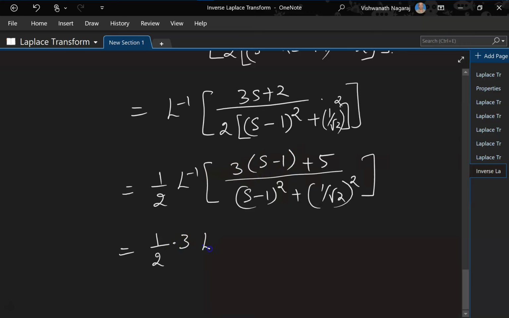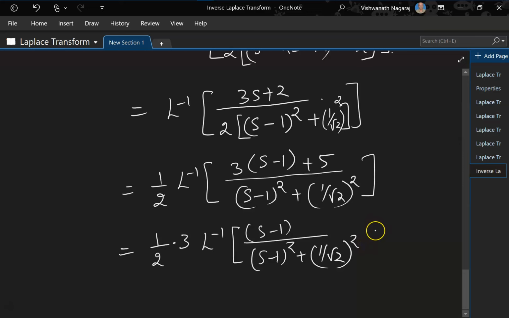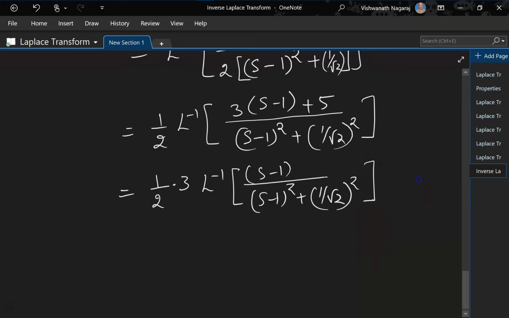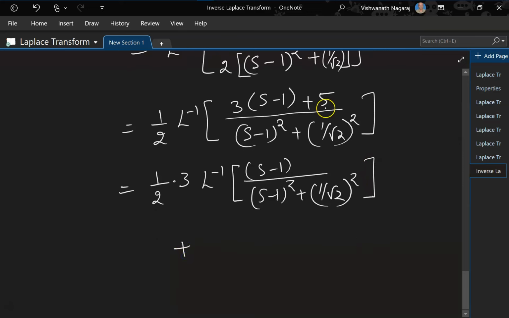So 3 Laplace inverse of s minus 1 by s minus 1 square plus 1 by root 2 square. This is one part. The second part is 5 by this. But for that also this half applies. So 1 by 2 Laplace inverse of 5 by s minus 1 square plus 1 by root 2 square.